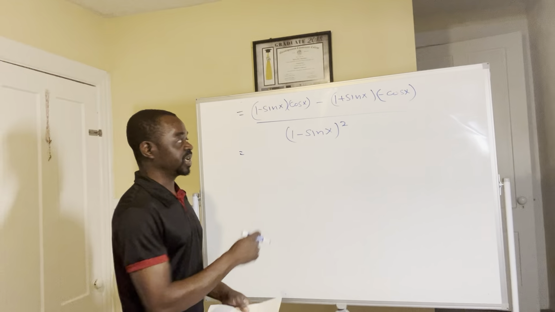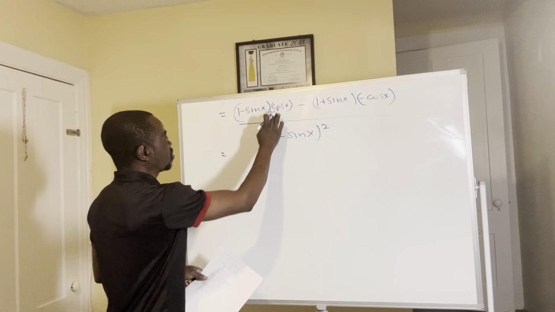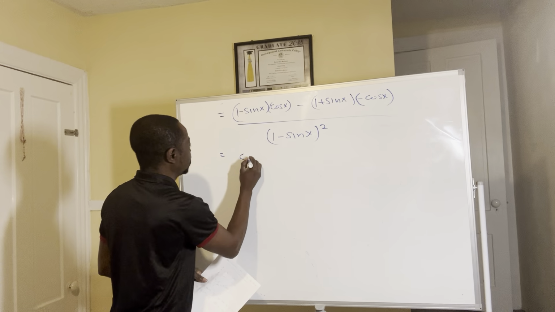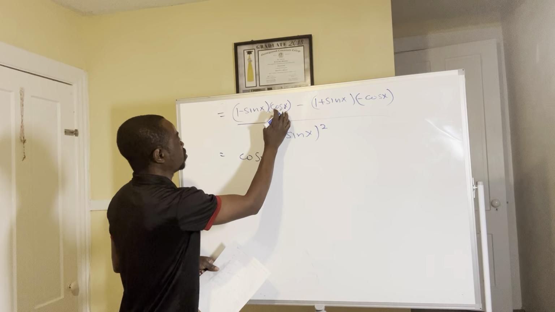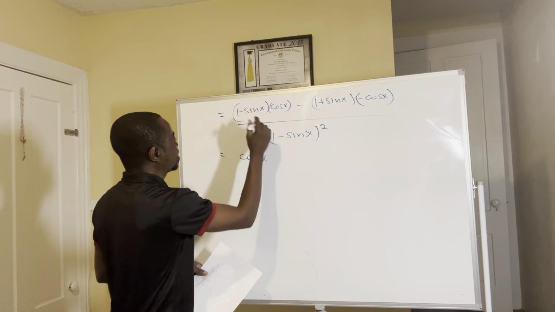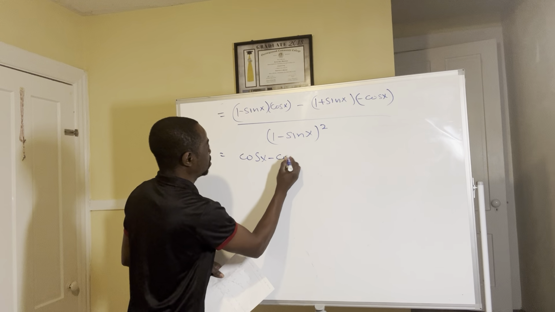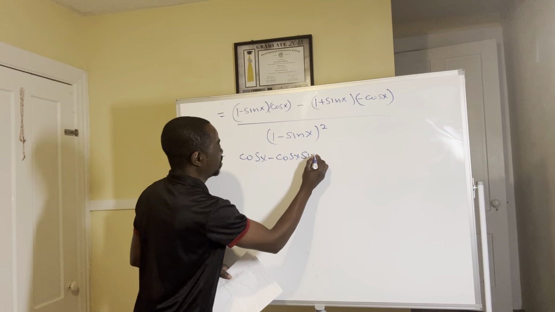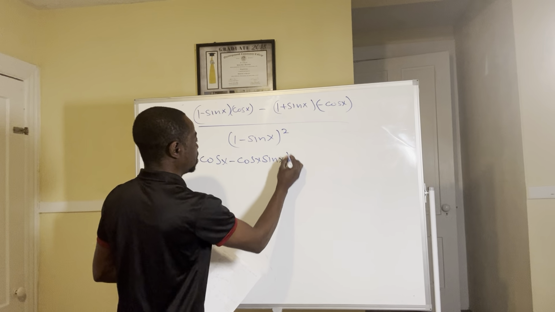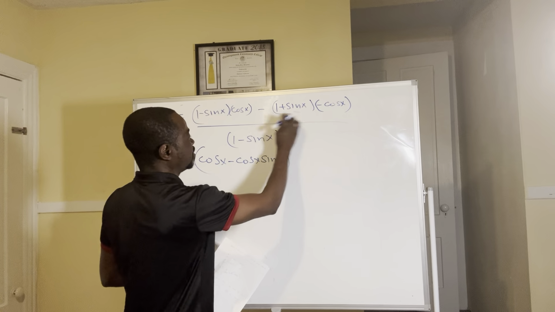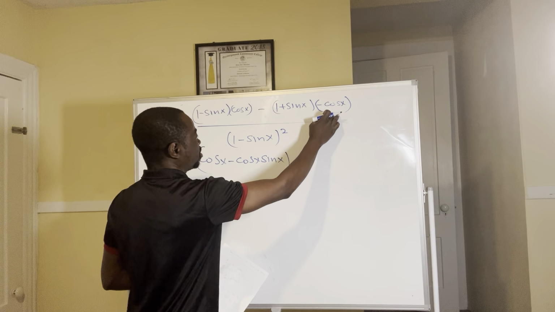So here we can expand the brackets. Cos x times 1 gives us cos of x. And then cos x times minus sine of x gives us minus cos of x sine of x. Then this is a negative and there's a negative here, so that gives us a positive.